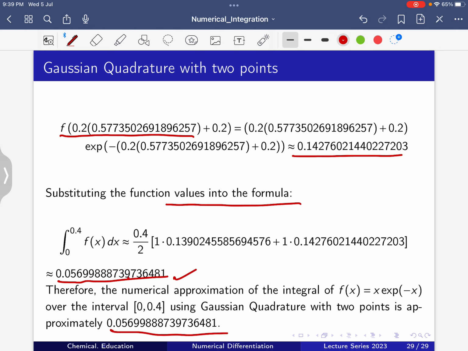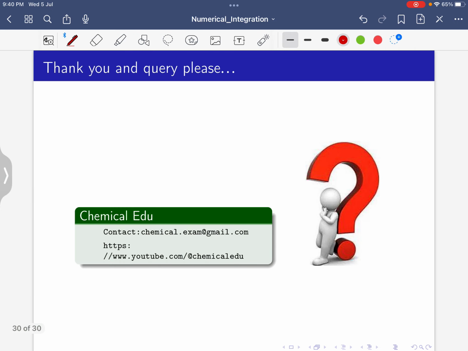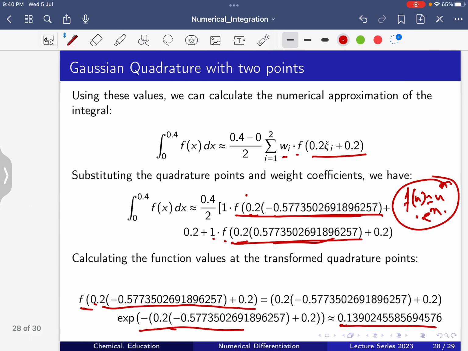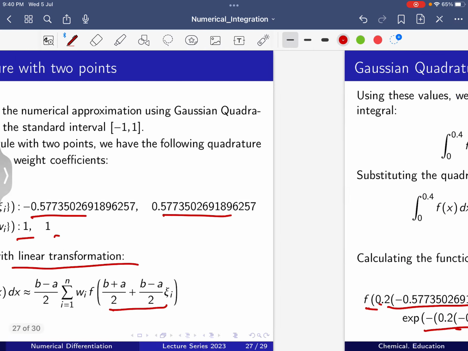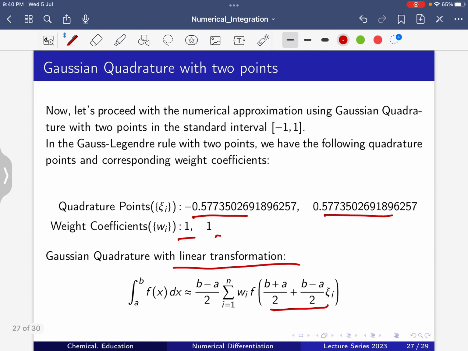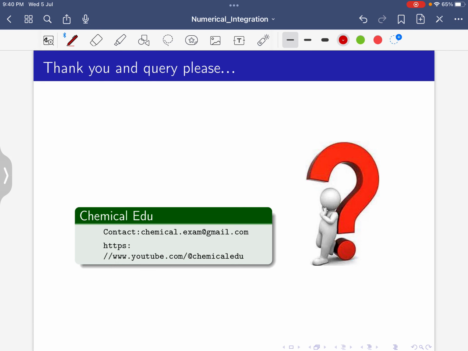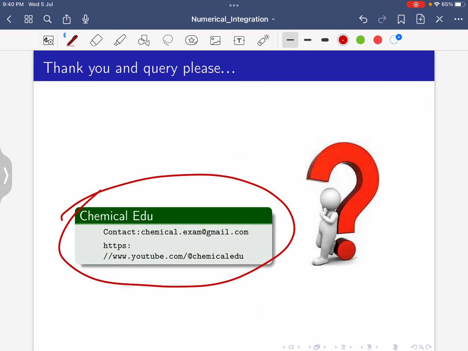So that is using the Gauss quadrature 2-point formula. Similarly, we can use the Gauss quadrature 3-point formula for this problem also. If you have any questions, you can ask me. That's it. Thank you.